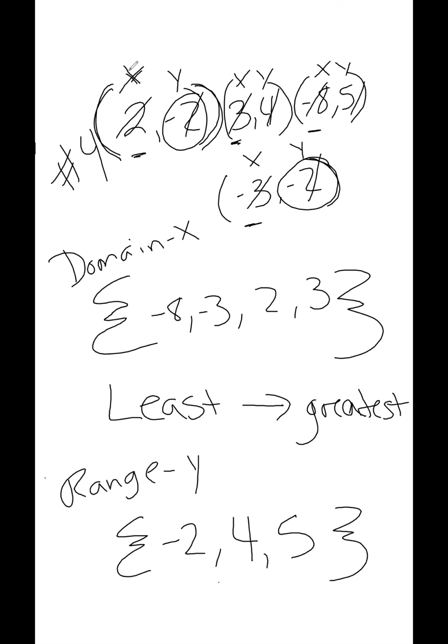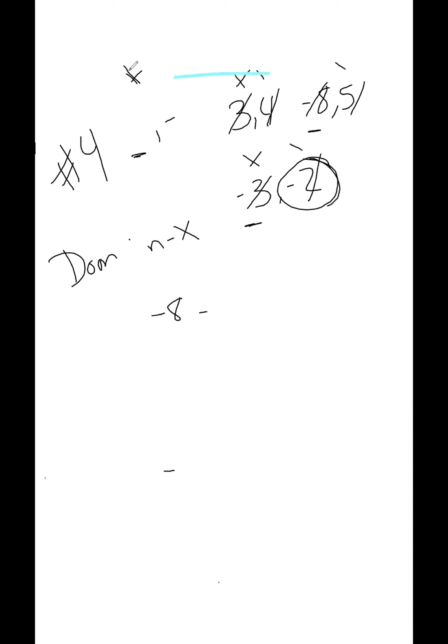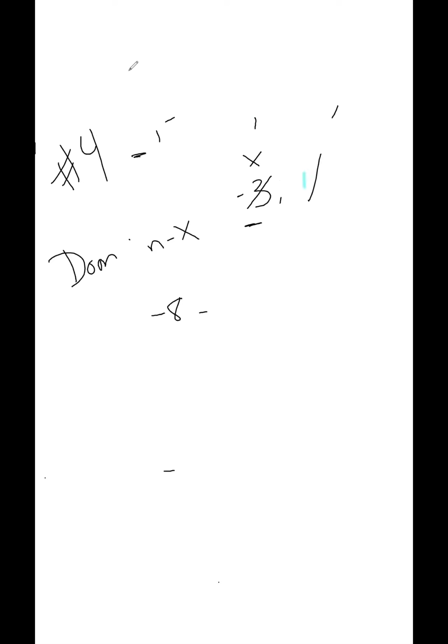On number 5, they actually give you a graph with the points on them. When you have that, you need to label those points. So let me go over a quick little session on how to label your points, or plot your points.